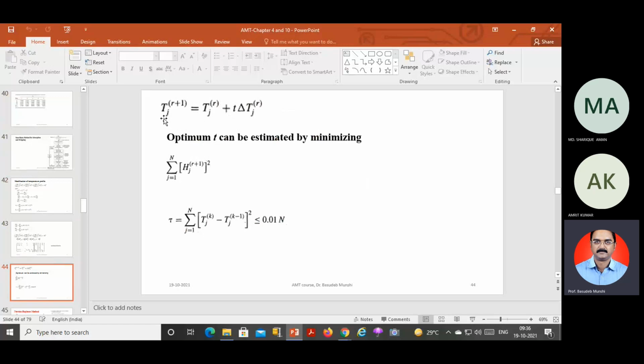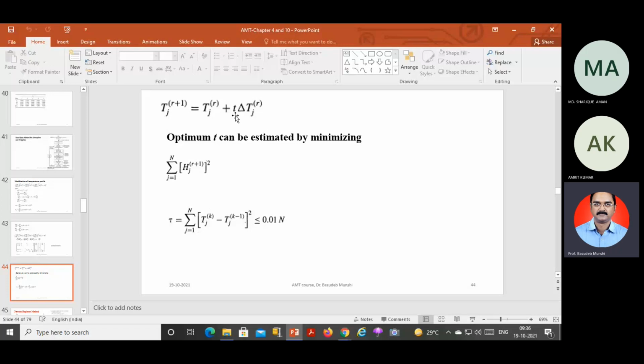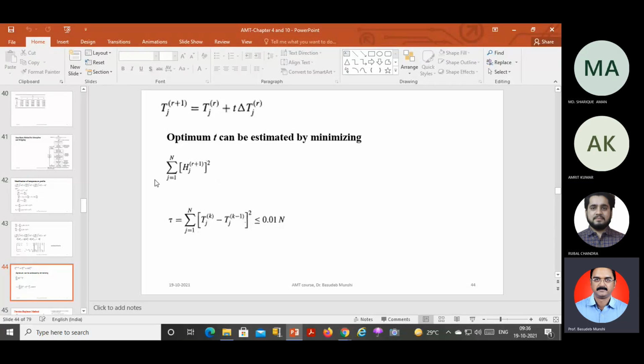You can substitute those modified temperatures in the enthalpy expression to get enthalpies, and in turn find out Hj. So the T which gives the minimum value of the sum of Hj square, meaning H1 square plus H2 square, up to Hn square, we consider that T. So it is not at all a difficult part.